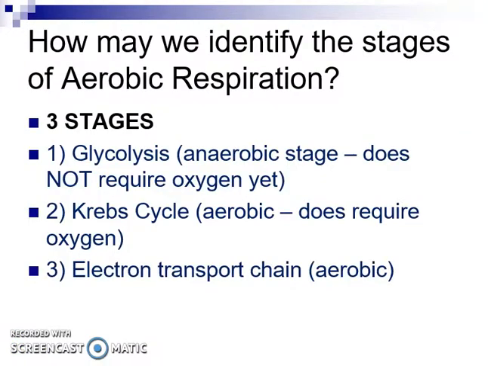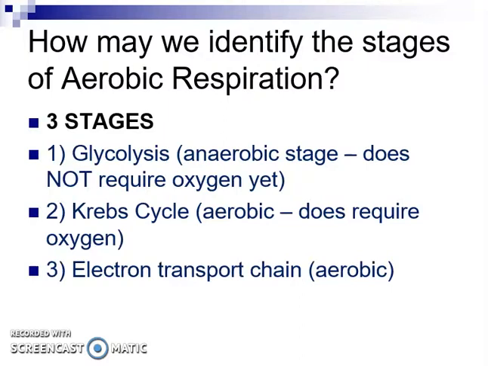How may we identify the stages of aerobic respiration? It starts with glycolysis, which we can actually describe as an anaerobic stage, which doesn't require any oxygen. This is basically anaerobic respiration, and we're going to talk about that in our next lecture. It's very inefficient, but it does prepare the glucose molecules to further be broken down and turned into more ATP if oxygen is present.